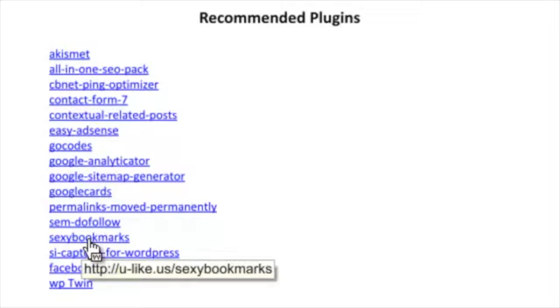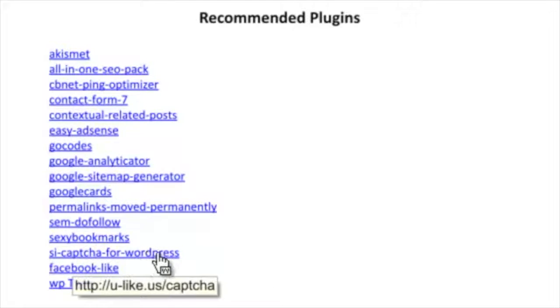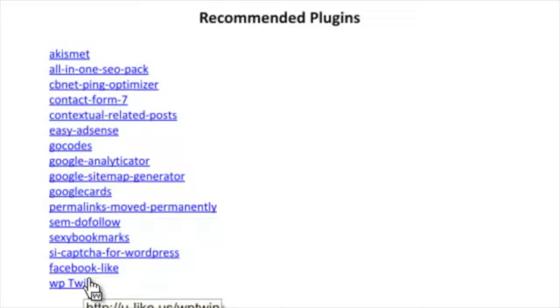Sexy Bookmarks is a great way to add a bunch of different ways to share your content through social media on your site. The CAPTCHA for WordPress is one more way of reducing comment spam, especially by bots. It puts a little CAPTCHA form in there that robots have a hard time figuring out.